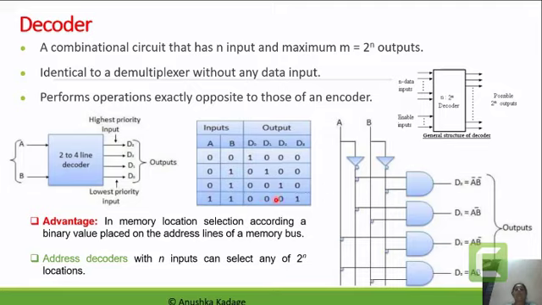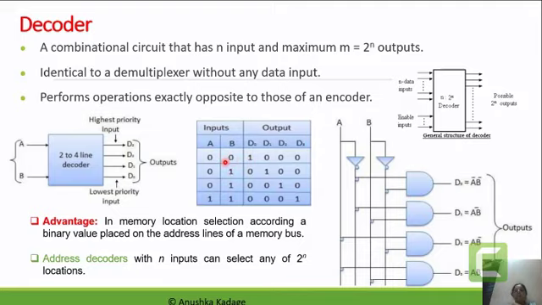Now, how do we represent this as a mathematical function or as a logical diagram? For every output variable where 1 is specified, the corresponding input combinations are to be taken.